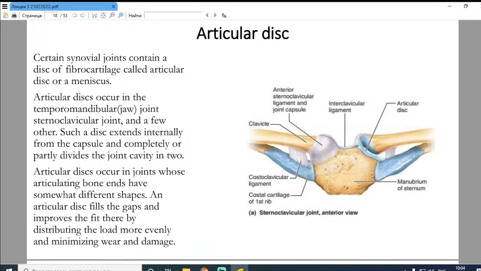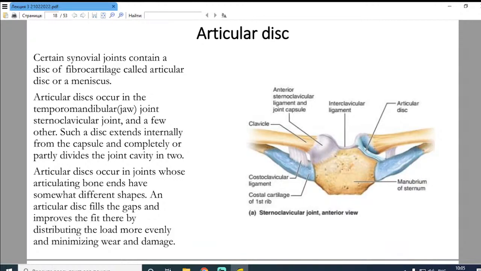Articular discs occur in the temporomandibular jaw joint, the sternoclavicular joint, and a few others. Such a disc extends internally from the capsule and completely or partly divides the joint cavity in two.